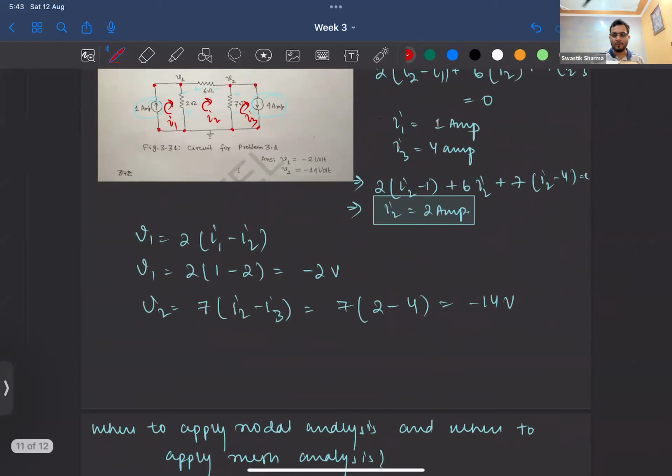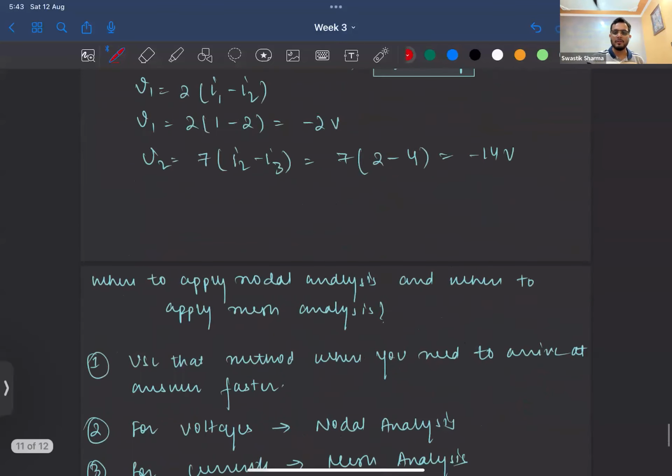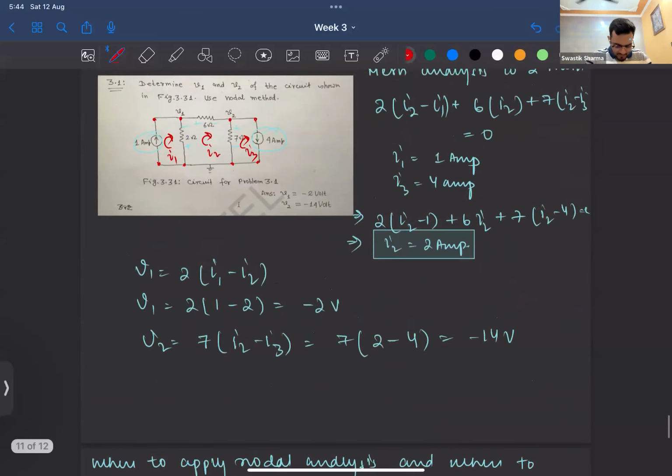Which method you use depends on what you are required to find, and second, the amount of complexity. If you feel mesh analysis is less complex, feel free to use it. If you feel nodal analysis is not that complex, feel free to use that as well. Just remember to use the one in which the number of equations is less, so that life is easier for you.